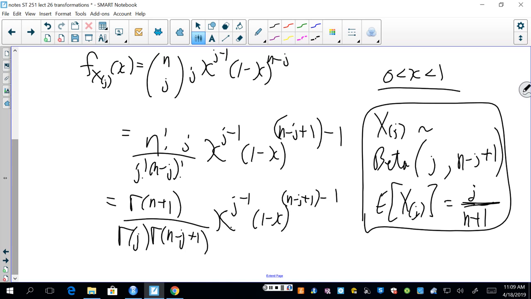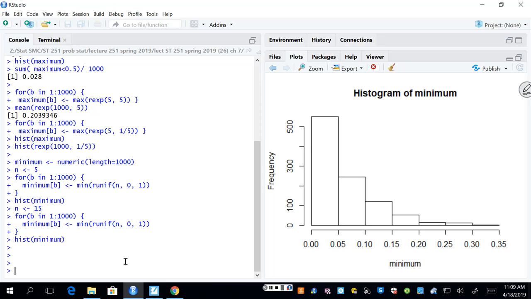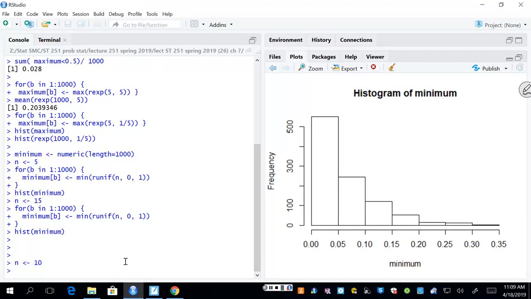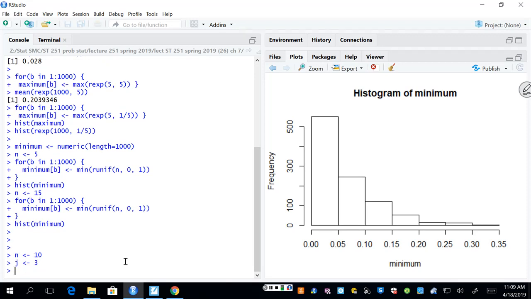So in simulation, you could do a little comparison, right? You could say we're going to do 10 uniforms, and we want our jth order statistic to be, say, the 20th, the 30th percentile. What's the distribution of the third one, right? Our theory says that if we take, say, 1,000 samples, I'll take it from the beta, right?